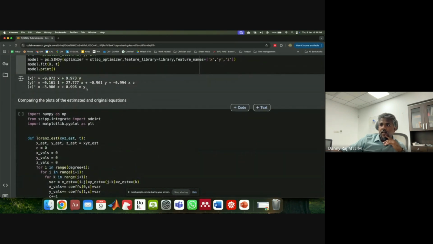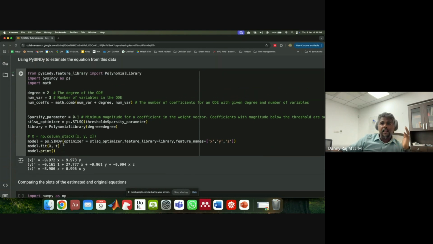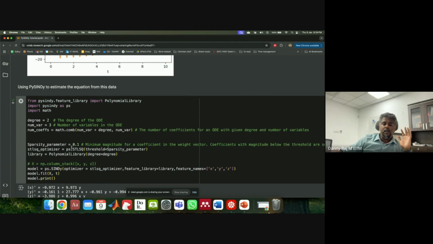So let's see, almost 28x, minus, this is not x, this is into sign, this is xz. Yeah, correct. Xz, and minus almost 1 times y, and 0.1 times something else. So you see that it is able to predict the equations to a considerable degree.